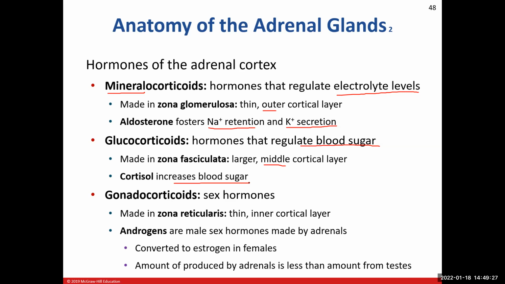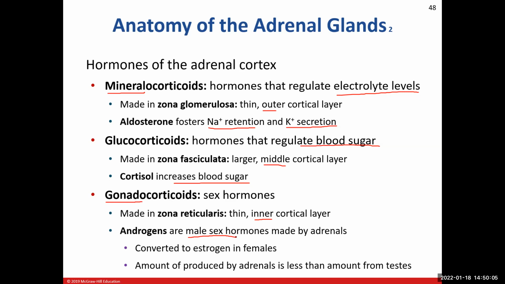And then finally, in our innermost layer, the zona reticularis, is where we have our sex hormones, or the gonadocorticoids. Remember that these are sex hormones because the first part of this word contains gonad. Specifically, if we're talking about androgens, those are the male sex hormones, and some of them will be produced here.